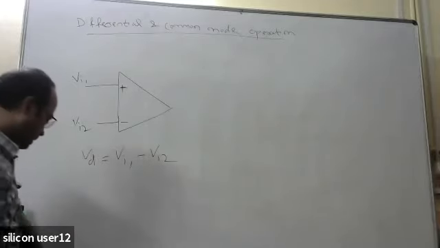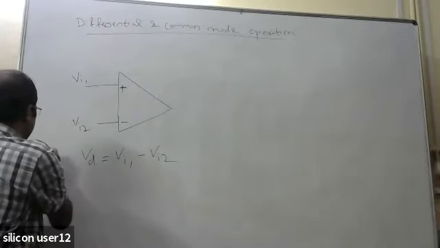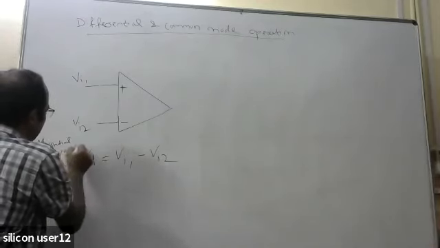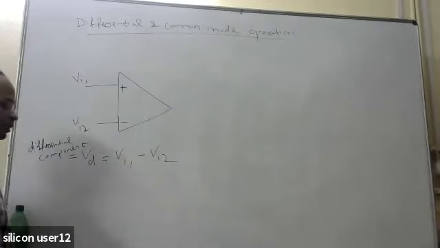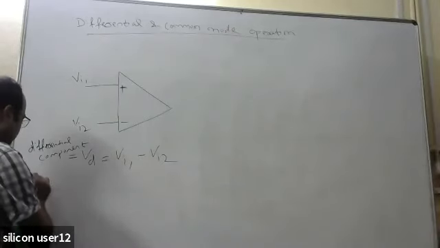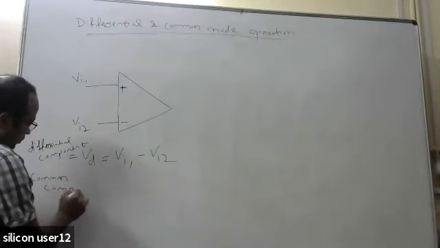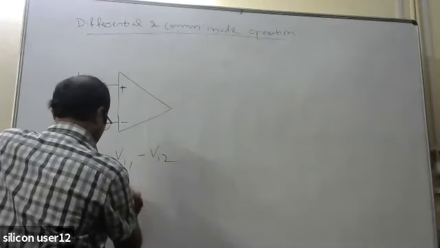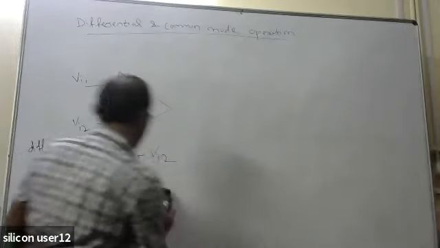You can write down the differential component as Vd equal to Vi1 minus Vi2, and the common component is equal to the average of the two signals Vi1 and Vi2.